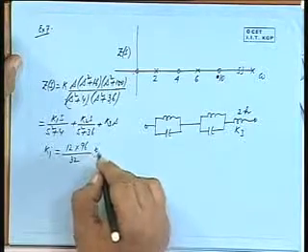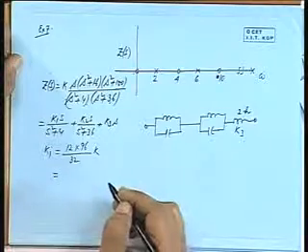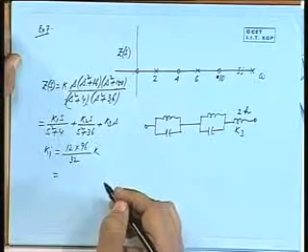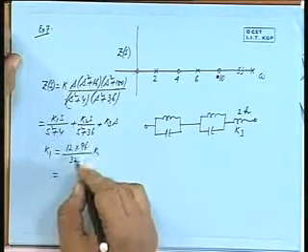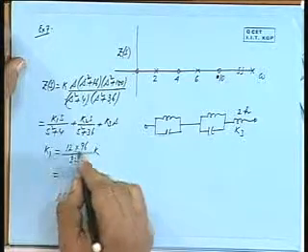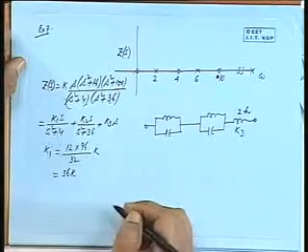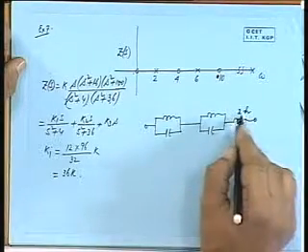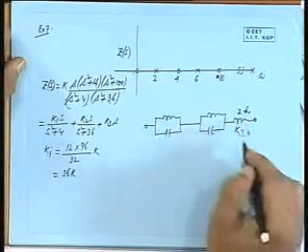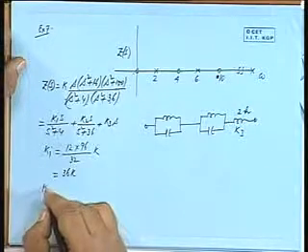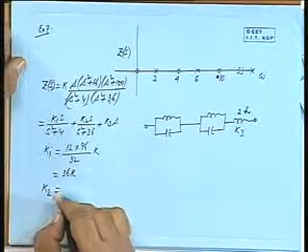Into K. Okay. So this is 3 into 12, 36K. So K is known, 2 Henries. Sorry, K3. Let me calculate K2.